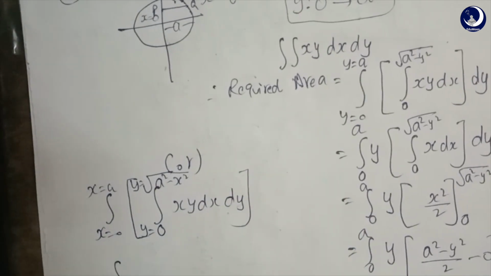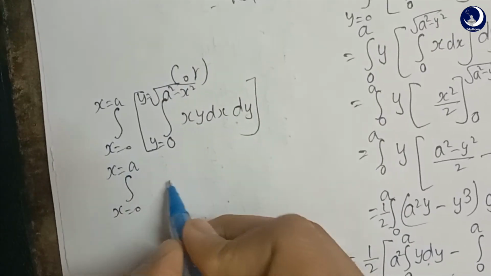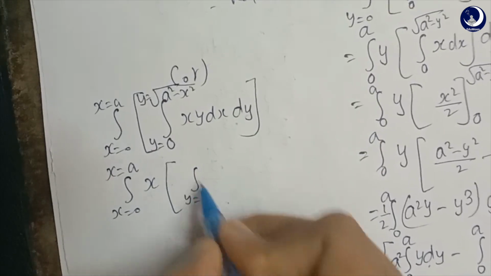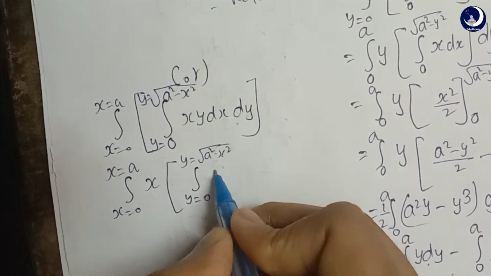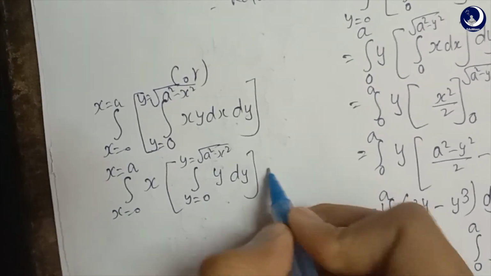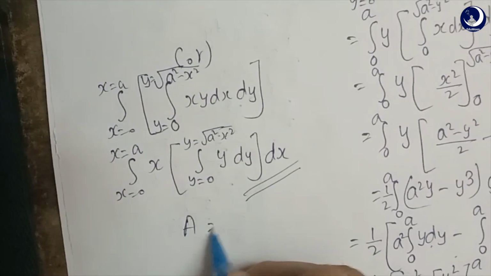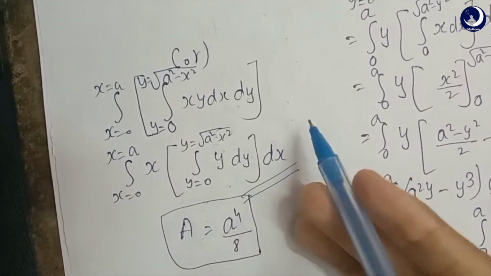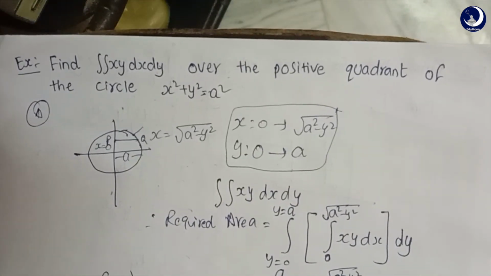After splitting this you get x equal to 0 to x equal to a, x into y equal to 0 to y equal to root over a square minus x square, y dy, into dx. If you solve this also, you get the required area equal to a power 4 by 8 only. So as you wish, you can take x limits as variables and y limits as constants, otherwise y limits as variables and x limits as constants, as you like.